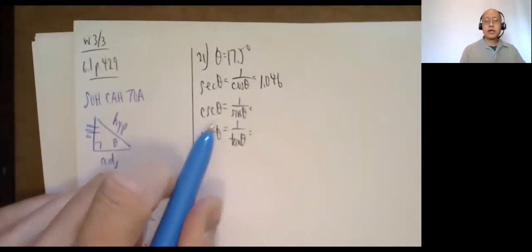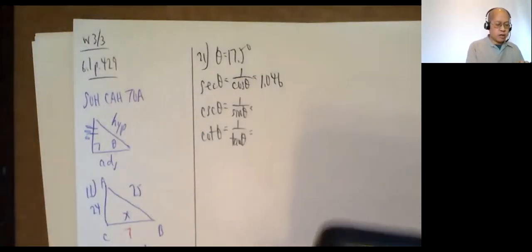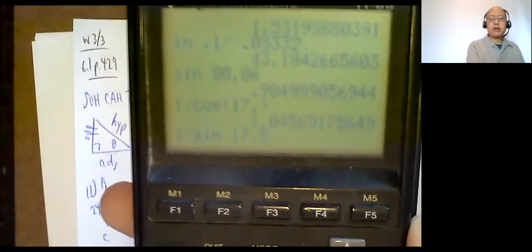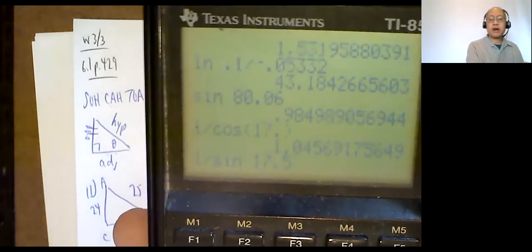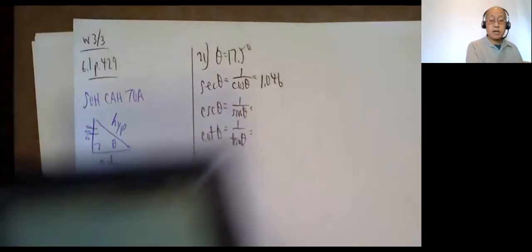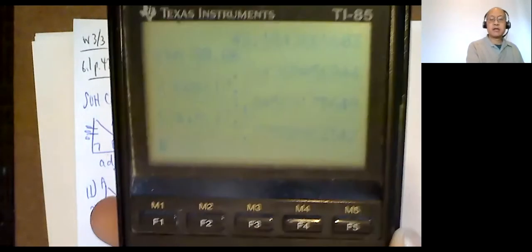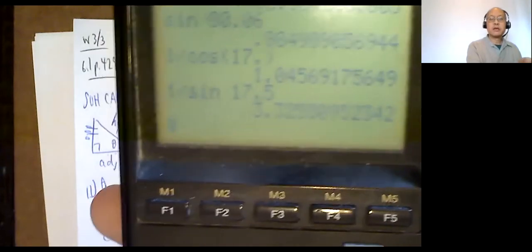Cosecant is 1 over the sine. So 1 divided by sine 17.5. Same thing, my calculator doesn't require the parenthesis, so I won't put it. Oh, I forgot to put the 17.5. My bad, I got that wrong. 3.326.